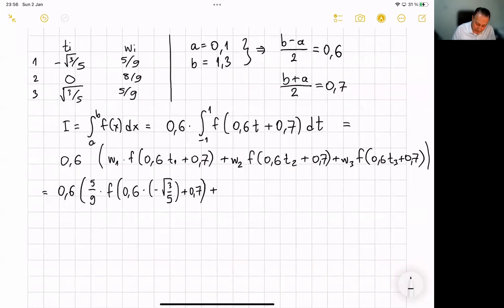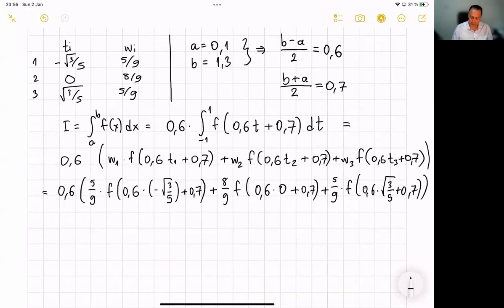Plus W2, which is 8 over 9, and then this function, 0.6 times 0 for T2, plus 0.7, plus W3, which is 5 over 9, and then f of 0.6 times square root of 3 over 5 plus 0.7. Now, everything is quite straightforward. I can easily calculate these functions.